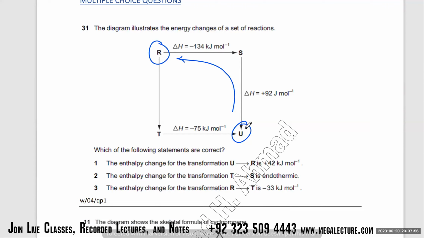To go from U to R, you first reach S, and from S you go to R. U to S is minus 92, because you're going in the opposite direction, and from S to R, again in the opposite direction, it's plus 134.